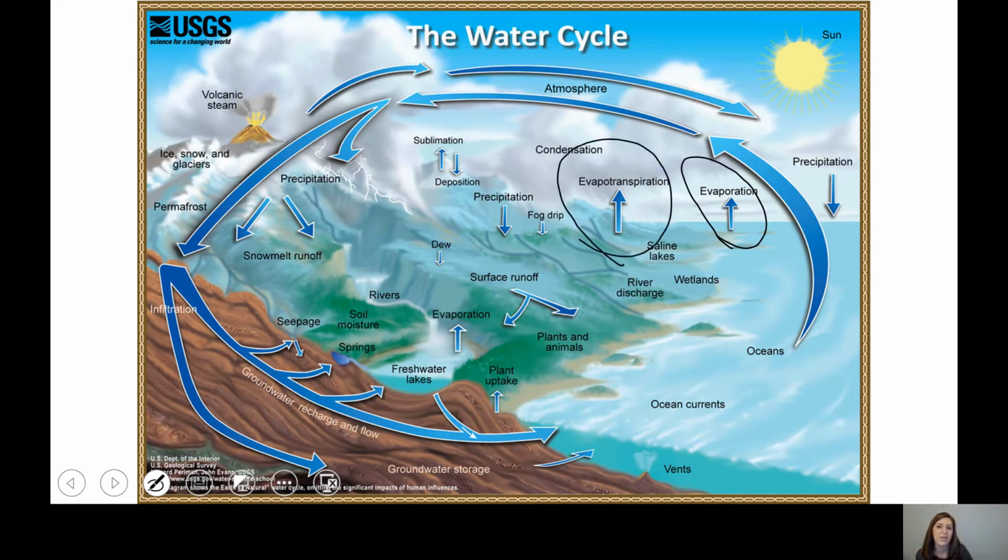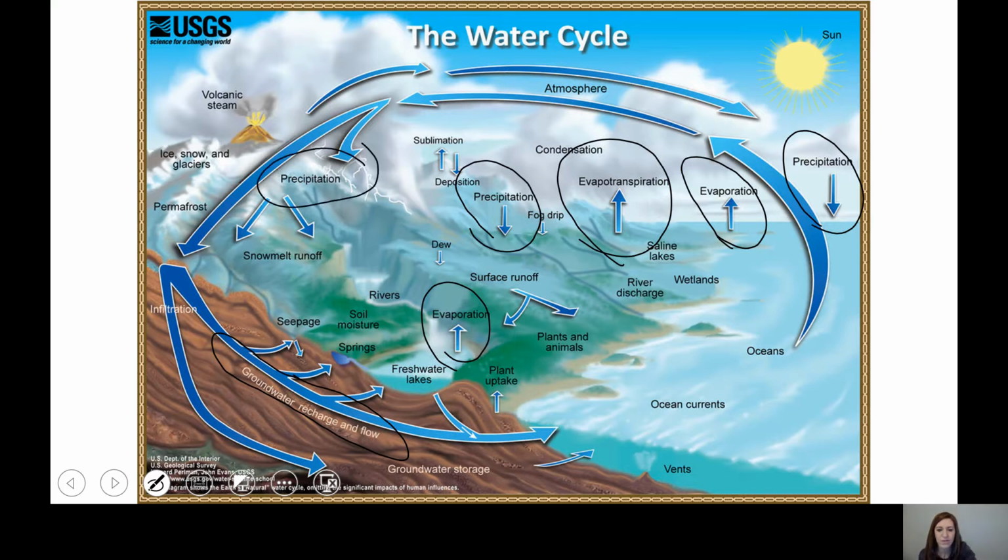This diagram is calling this evapotranspiration, but that's transpiration, which is water leaving or evaporating through the leaves of plants. We've also talked about precipitation. Precipitation can fall on the land or on the ocean. Here's some more evaporation. We've talked about groundwater flow, how it can flow down underground out into a body of surface water. Here's some more precipitation.